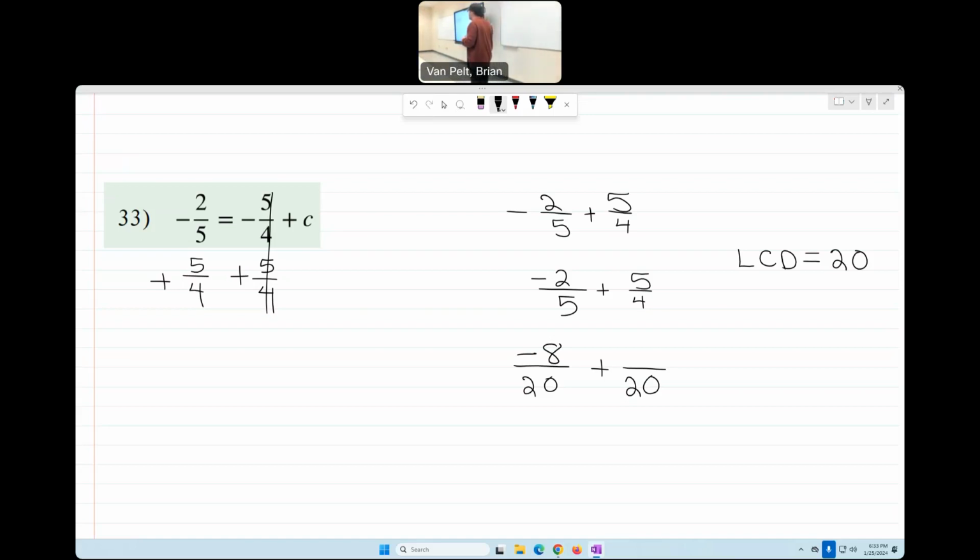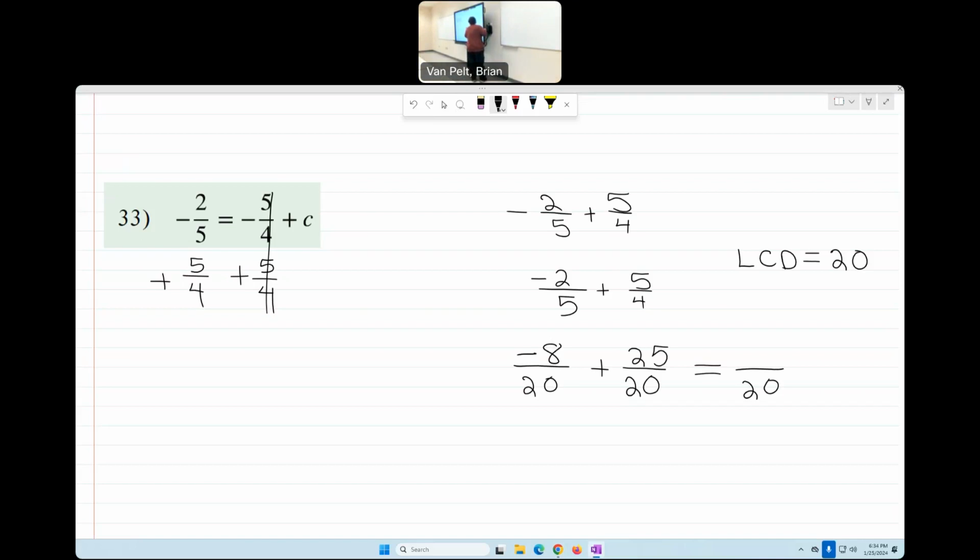Now the other one, can you tell me what the new numerator is for the second fraction? 25 over 20, because that one you had to multiply by 5. And now, when you add two fractions with the same denominator, it keeps that denominator, but we simply add the numerators.